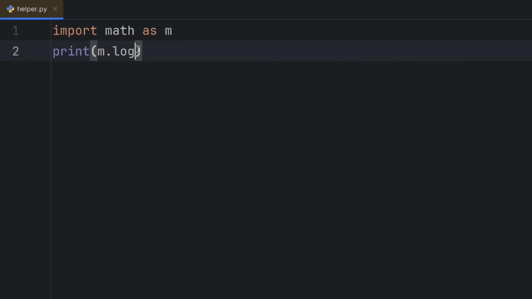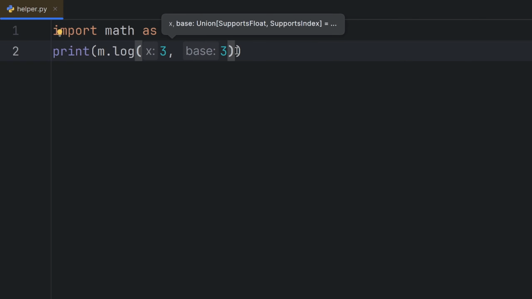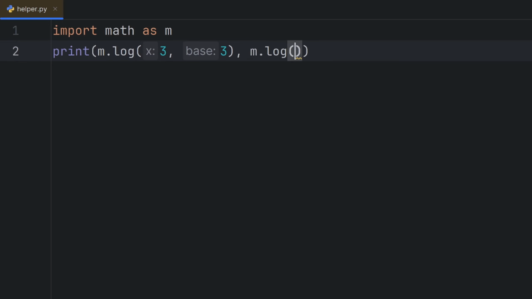This log function has the base, neutral base, which is Euler's number e, if you don't pass a base. But if you pass it, it will be the one that you passed. So for example, log 3 with base 3 should print 1. But if I write m.log 3, this number should be slightly greater than 1.